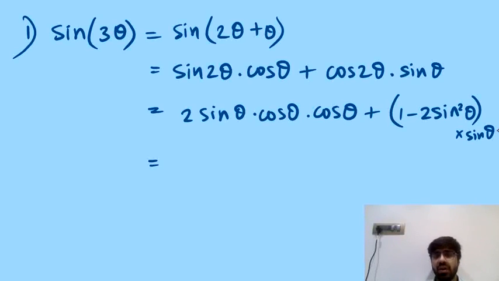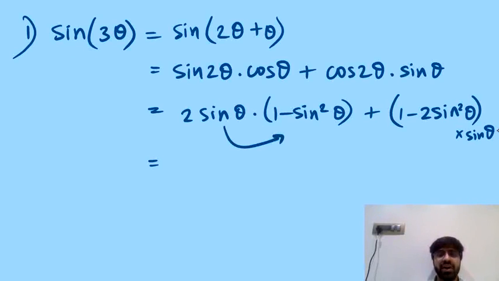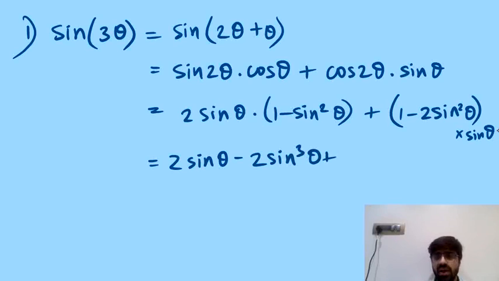Expand it further. This is already cos square theta, and cos square theta we can write as 1 minus sine square theta. We are doing it because we want everything in terms of sine. Why is that so? Because we have the formula for sine 3 theta. So expand it, you will have 2 sine theta minus 2 sine cube theta, plus expand this, so that will be sine theta, and again minus 2 sine cube theta.